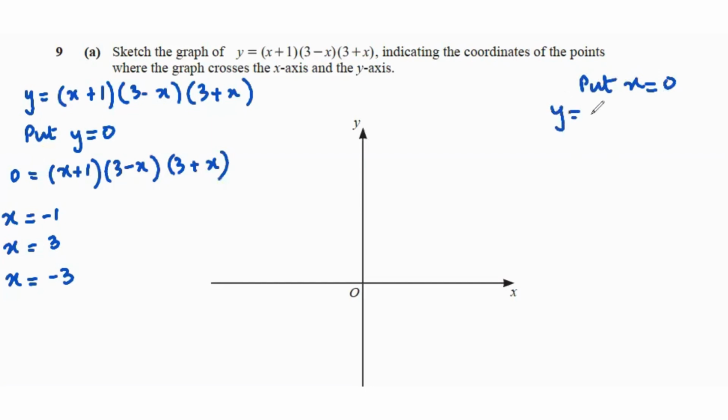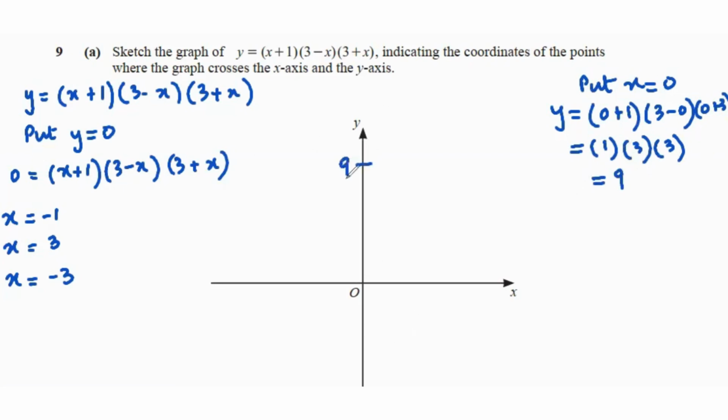That's going to be y equals 0 plus 1 times 3 minus 0 times 0 plus 3, which will give us 1 times 3 times 3, and that is 9. So this is your y-intercept.